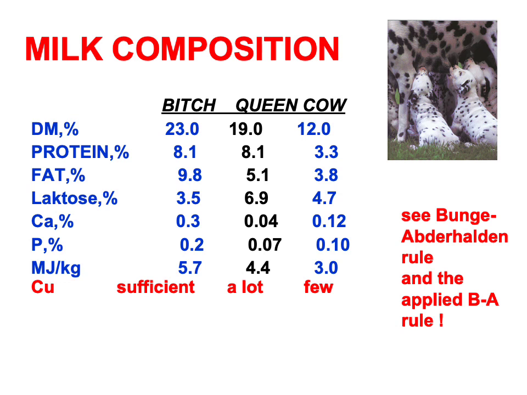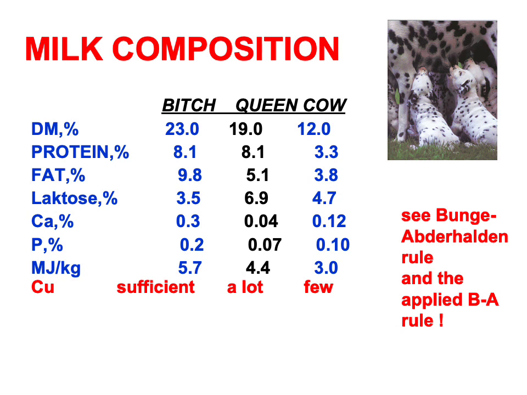The lactose is extremely high in the cat, and what we have mentioned, the copper content is characteristically different: sufficient in dog, few in cattle and goat, and a lot in the cat.